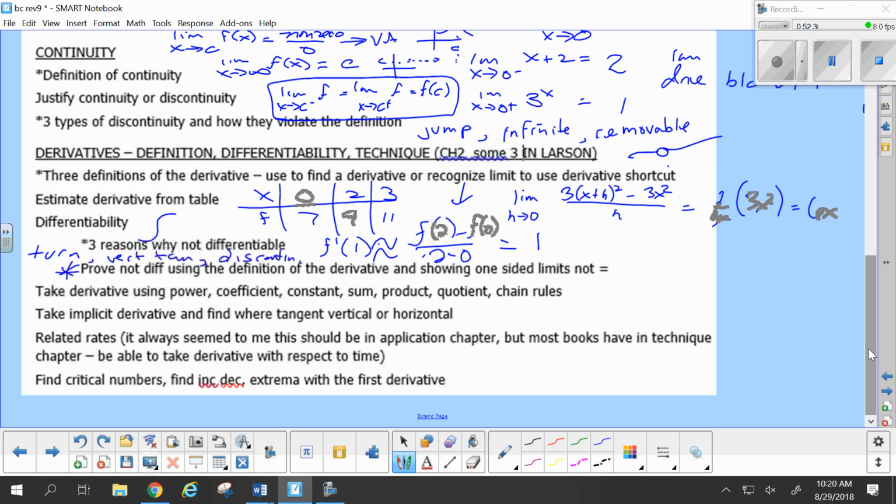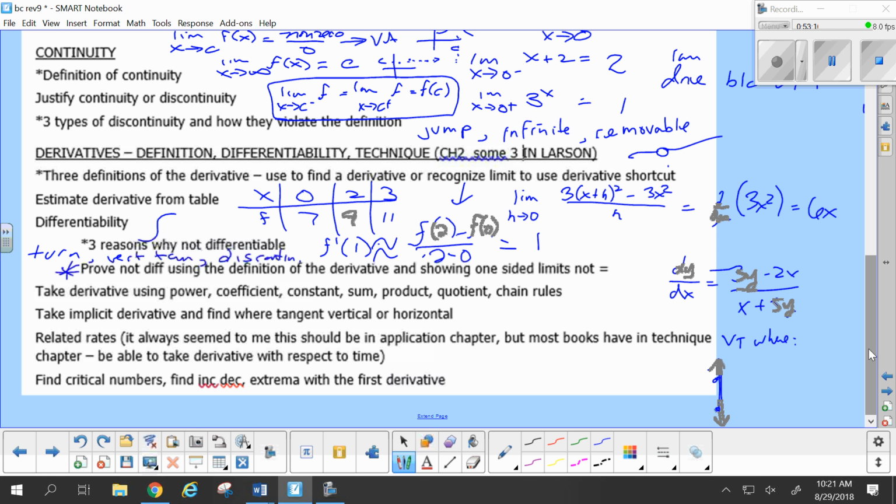While we're on the vertical tangent case, say you had dy dx and you had some kind of, maybe from an implicit derivative, (3y minus 2x) over (x plus 5y). Okay? Where would you get a vertical tangent? It goes vertical if your derivative or your slope is undefined.